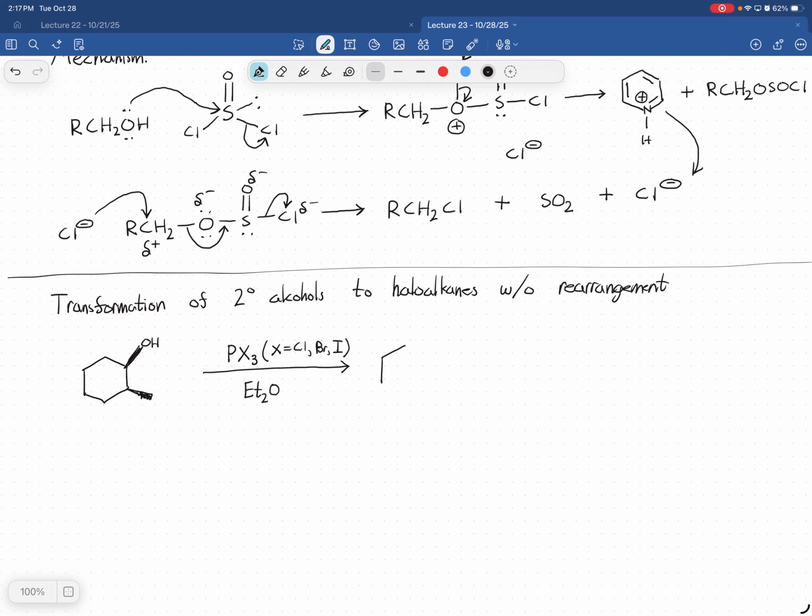This preserves the reacting center, so you do an SN2 reaction on the alcohol without rearrangements happening. That's pretty good, because in most cases you don't want rearrangements. For example, when you're trying to make a natural product, you can't have it rearranged on you because you won't get the target that you want. That's our goal.